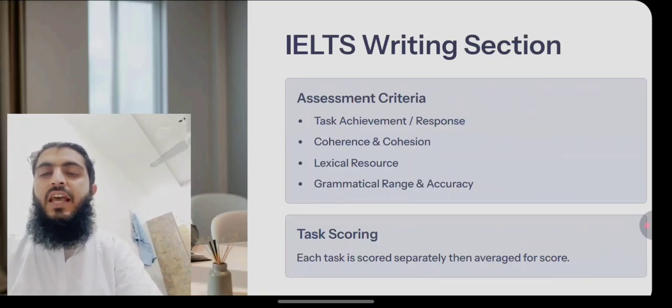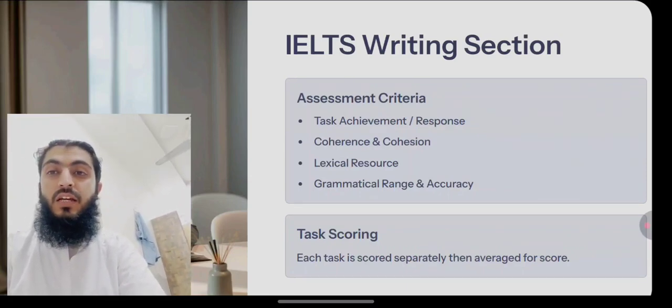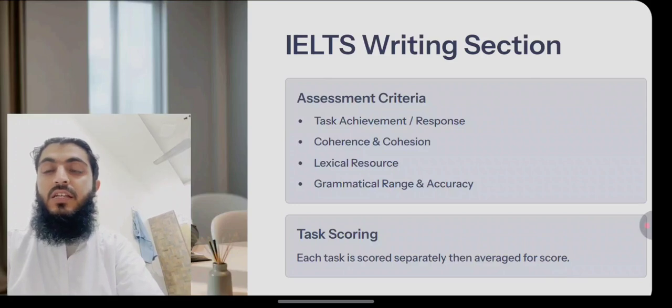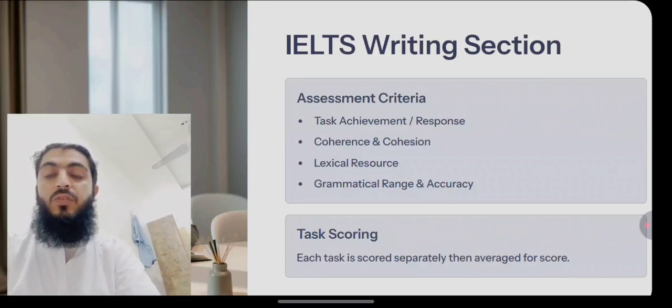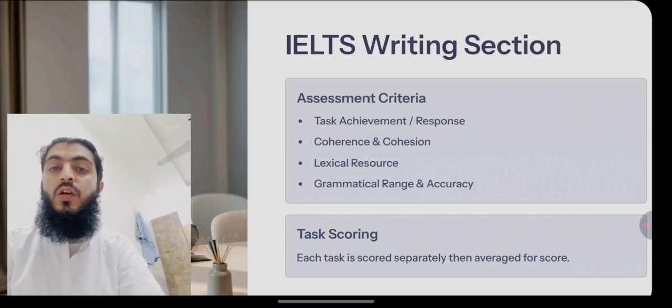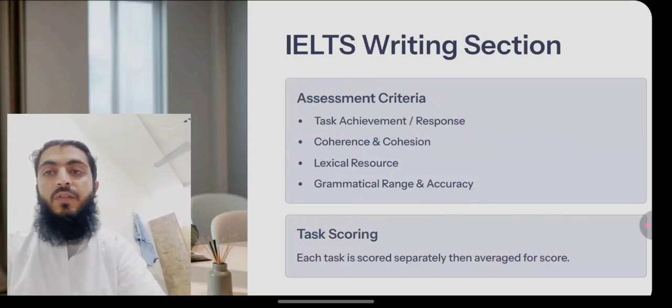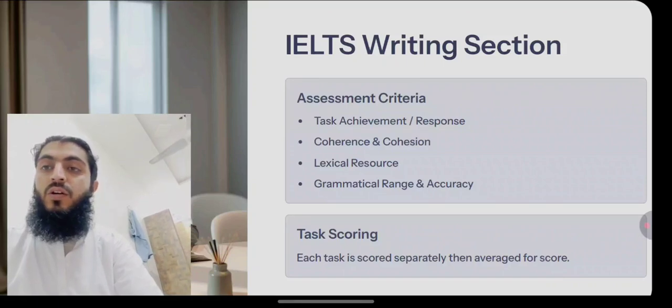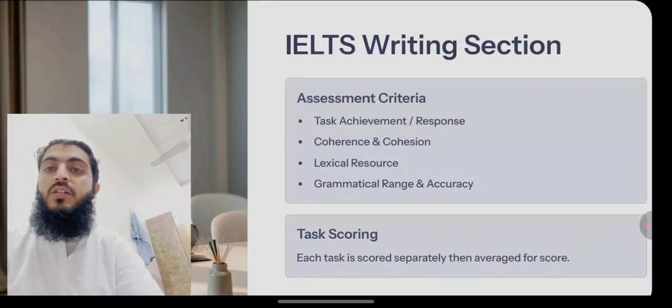The next thing is lexical resource, which means they will assess your vocabulary, whether you are able to use proper words in the exact situation where that word has to be. So your word order and vocabulary use must fit the exact situation according to the form.